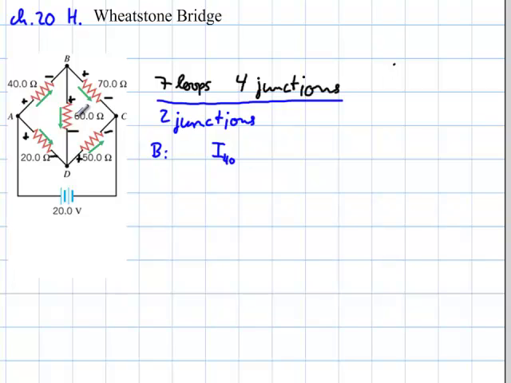I labeled them here with these, so I don't have to call them I1, 2, 3, but I call them I-40, I-60, I-70, just referring to the resistance. This number here at this point does not figure in. This is just a current of some value that I don't know yet. So I-40 equals I-60 plus I-70.